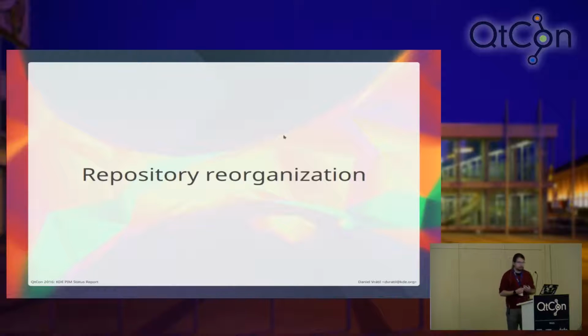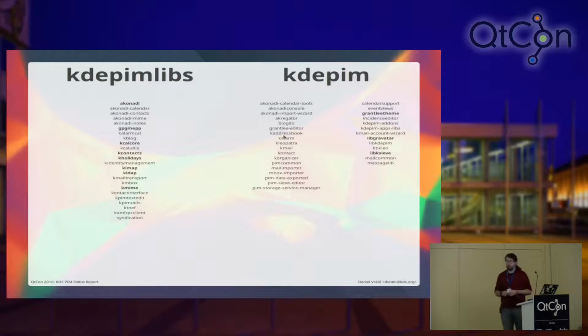We decided that's not enough, so we now have this. As a matter of fact, this is around 60 repositories of KDE PIM code. The entire KDE Frameworks are around 70 repositories. So you get the idea how big a project it actually is.